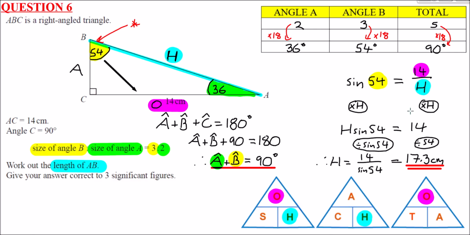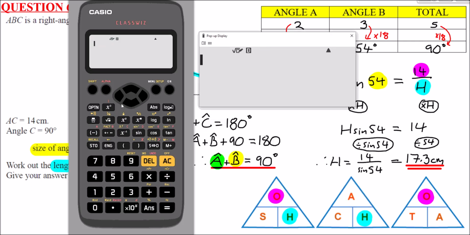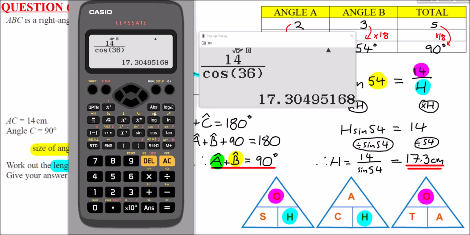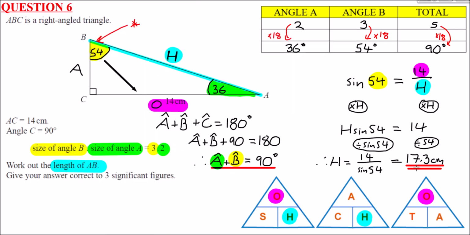In that case, we would have started off saying cos 54 equals 14 divided by h, and we would have rearranged it in exactly the same way pretty much, but our final step would have been to have done 14 divided by cos 36. And again, we would have come out with exactly the same, so feel free to try that yourselves. Could you get the same value, 17.3, by picking this angle or that one?